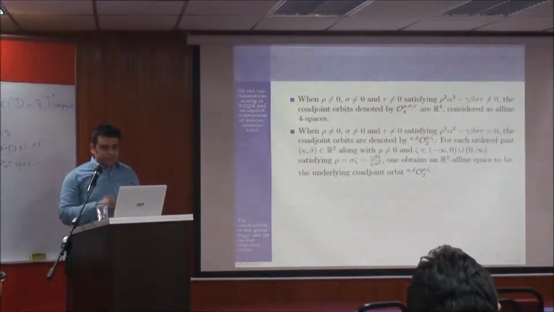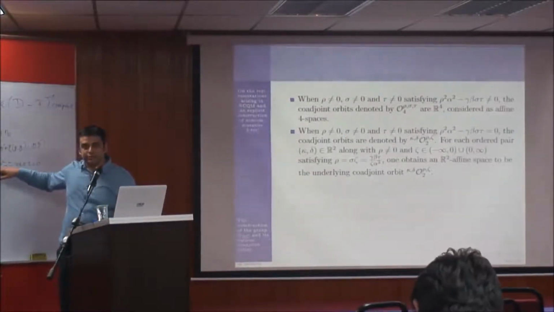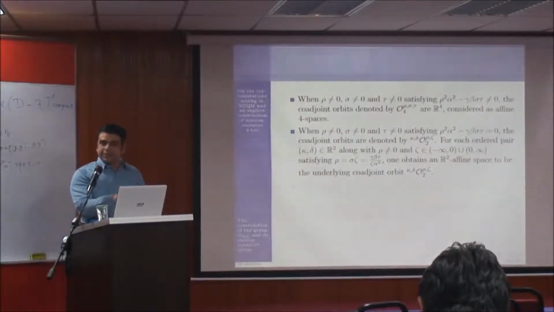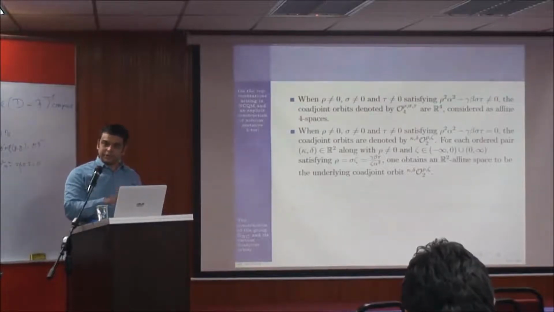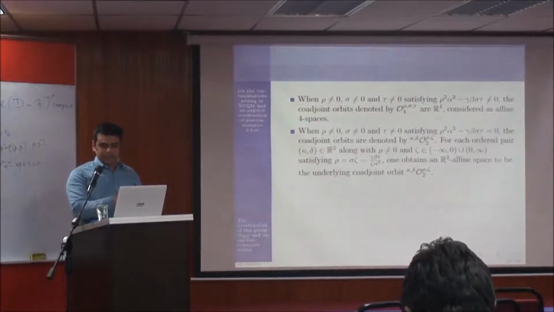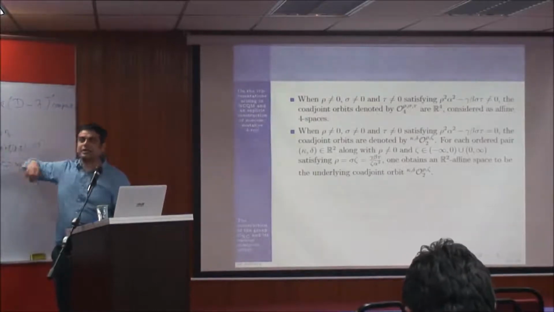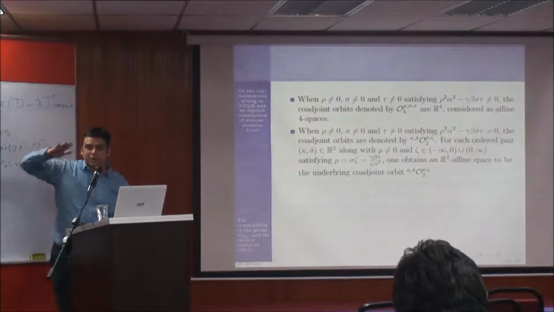Okay. So the second one is because of this surface, the two-dimensional surface embedded in R3. For this region, the coadjoint orbits are a bit degenerate, meaning that they are R2 planes. Through this surface, you just take R4, and inside that R4 you need two other parameters to foliate the R2 planes.